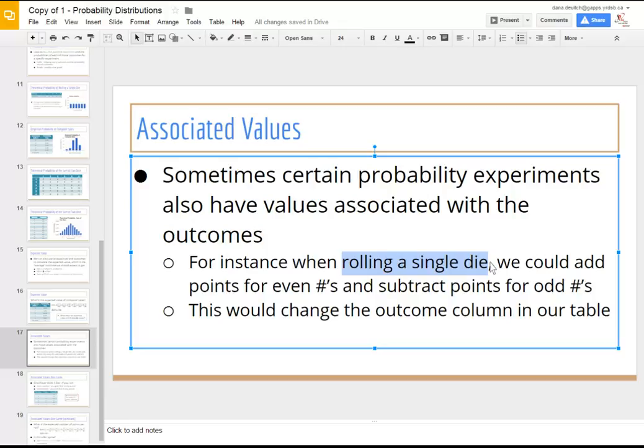Or maybe we have 2 people rolling and one person gets points for rolling even, the other person gets points for rolling odds, something like that. So what happens here is our outcome column changes. The outcome is no longer what was rolled. The outcome is now the points that we get for that roll.